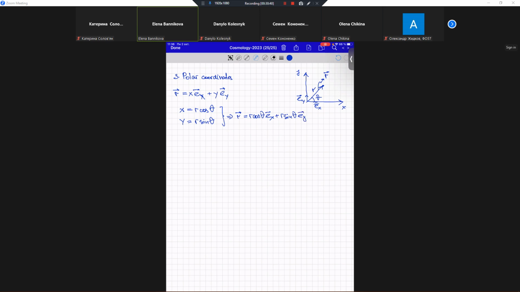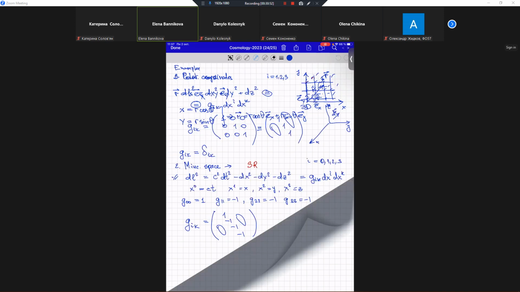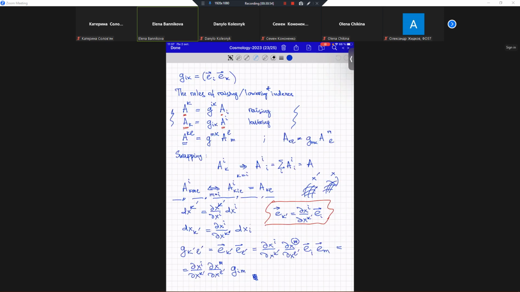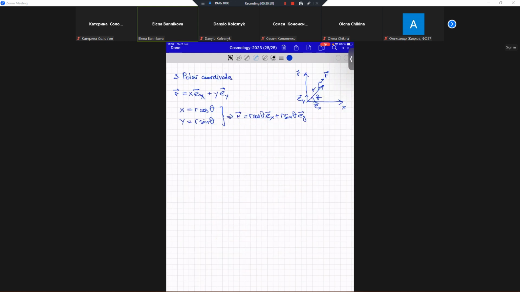Now, by definition of the basis vectors, this is the transformation, so here I write the basis vector: this is dr by dx i.